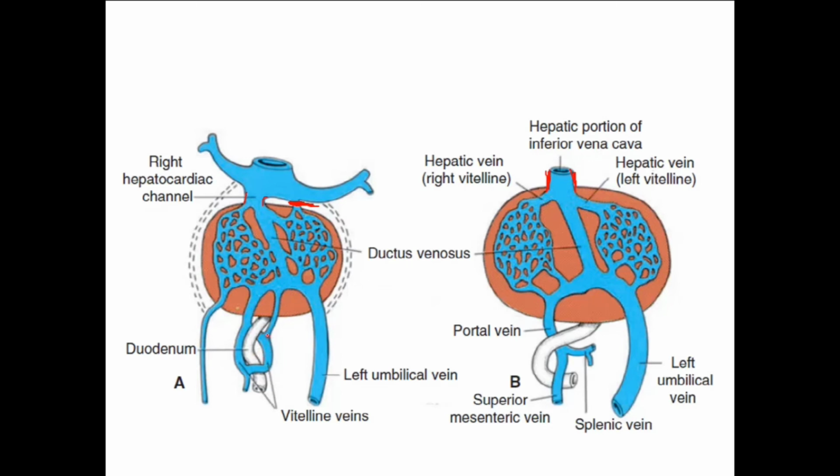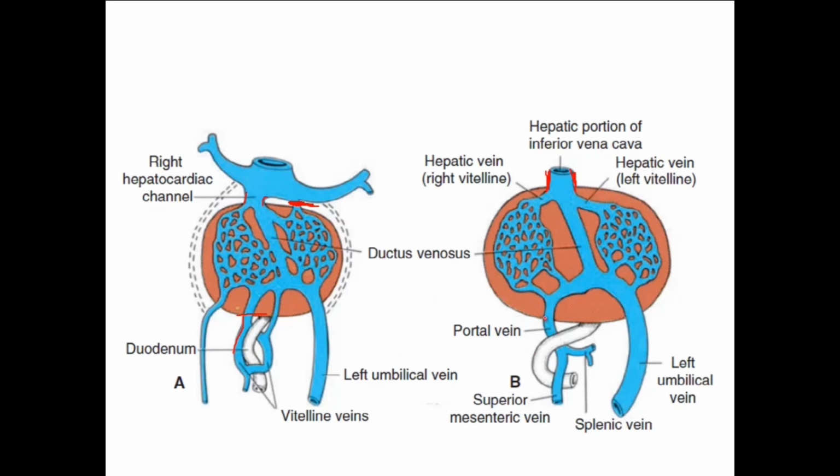Now, what happens to the lower part, that is the part which is caudal to the liver? What happens to the Vitelline veins in this region? Now, the right Vitelline vein, which is caudal to the liver, will give rise to the portal vein and superior mesenteric vein.